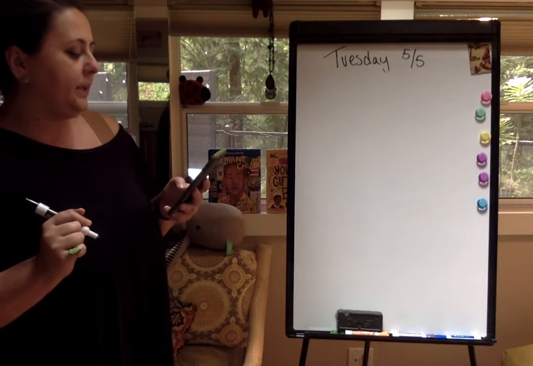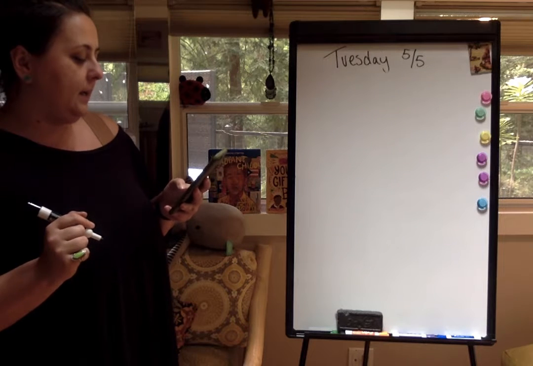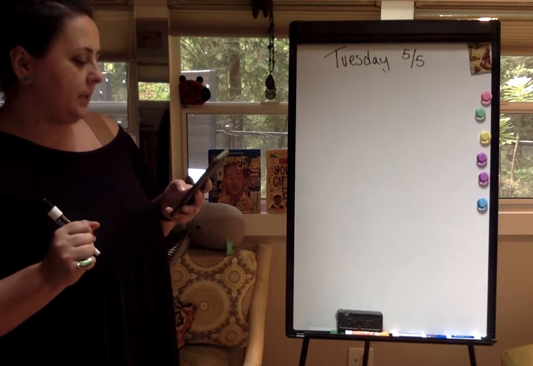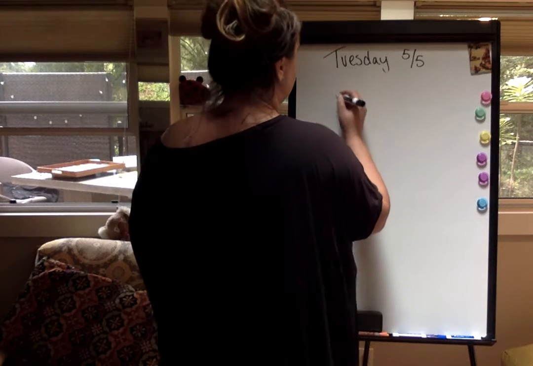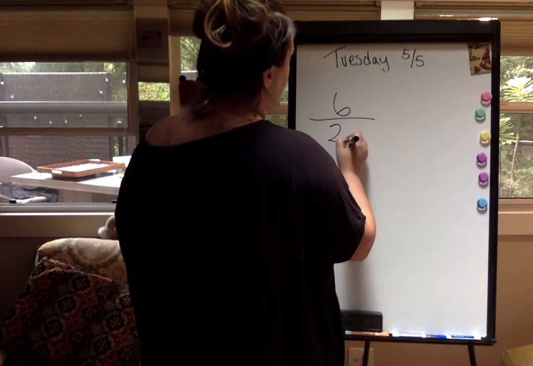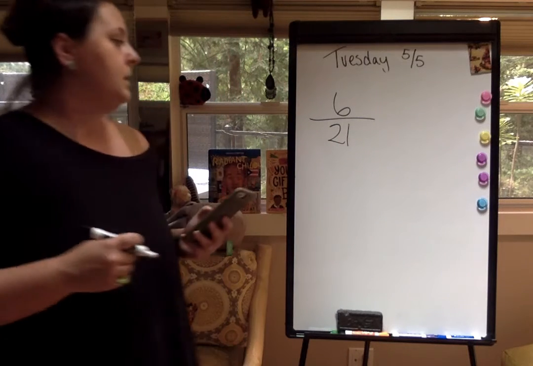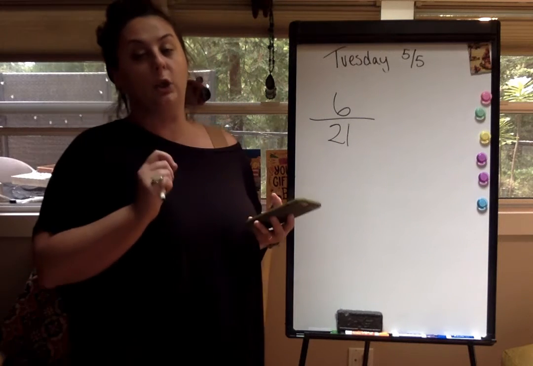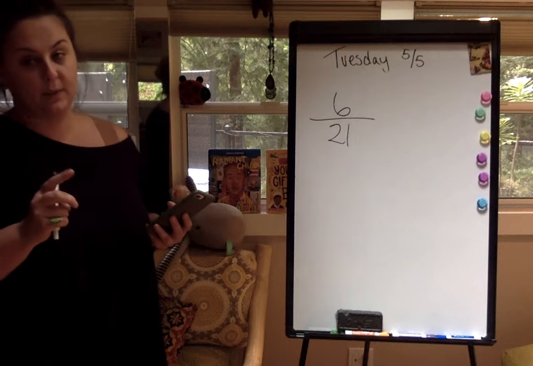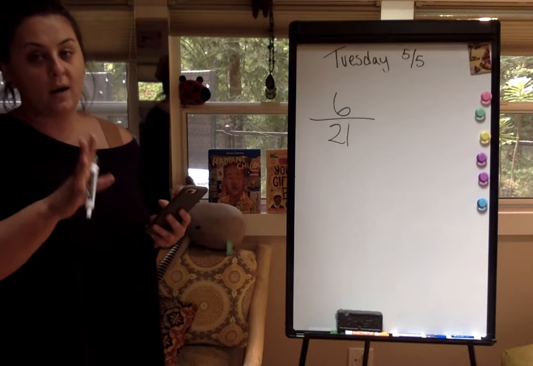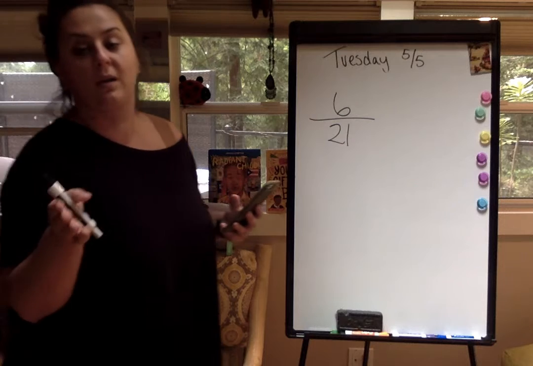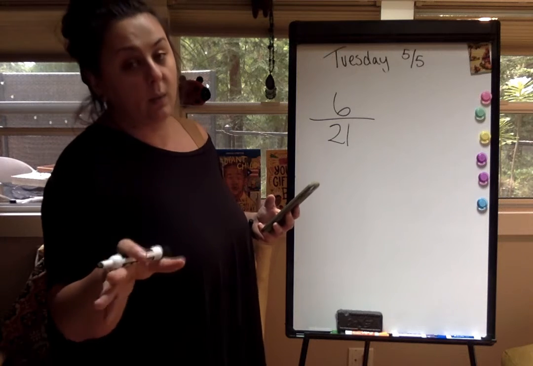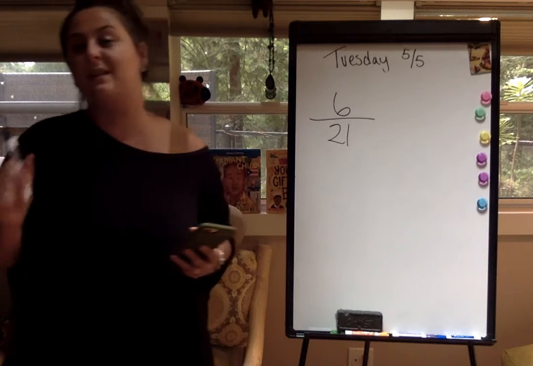Maybe turn the pizza into pie or cake. All right, we are going to simplify this fraction. Let's see here. 6/21. Now, the 21 is a huge clue here because in multiplication, there's only one math fact that makes up, well, 2 math facts, 1 times 21, but only one other, which is 3 times 7.